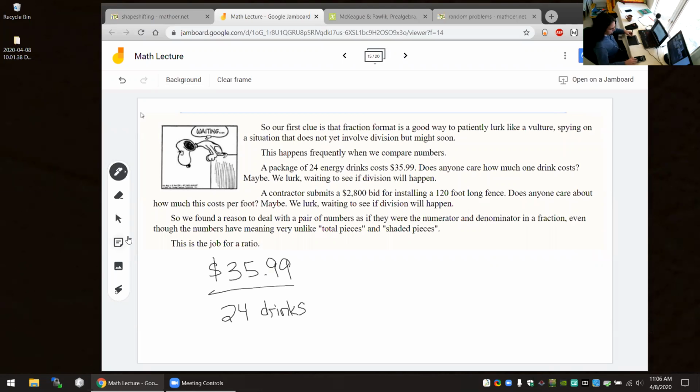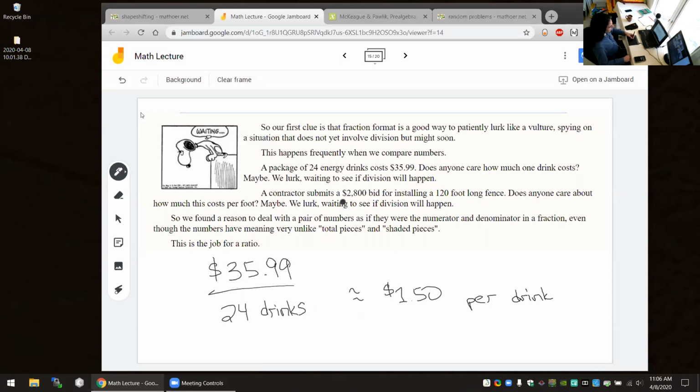If I wanted to, I could do 35.99 divided by 24 and see that it's about $1.50 per drink. But does anyone care? Maybe it's good enough to think about this comparison. Maybe the next question isn't what does 1 drink cost, but how much do 100 drinks cost, or something like that.